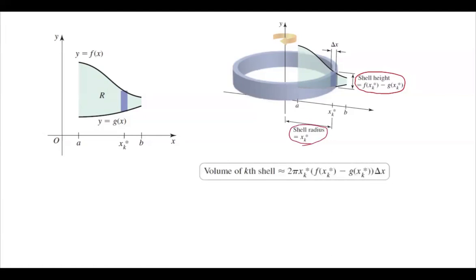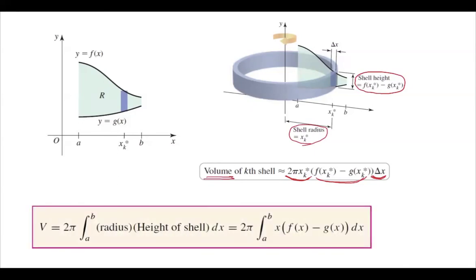The volume of this small shell is 2 pi x sub k star times the height, which is f of x sub k star minus g of x sub k star, times the thickness, which is delta x. So the circumference times the height times the thickness gives you the volume of the shell.